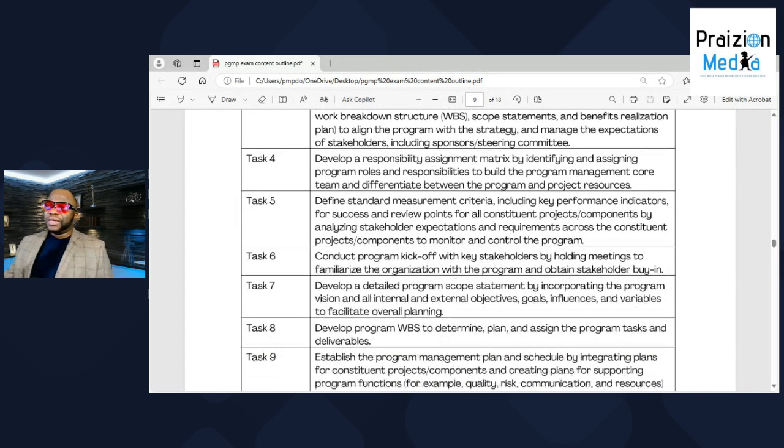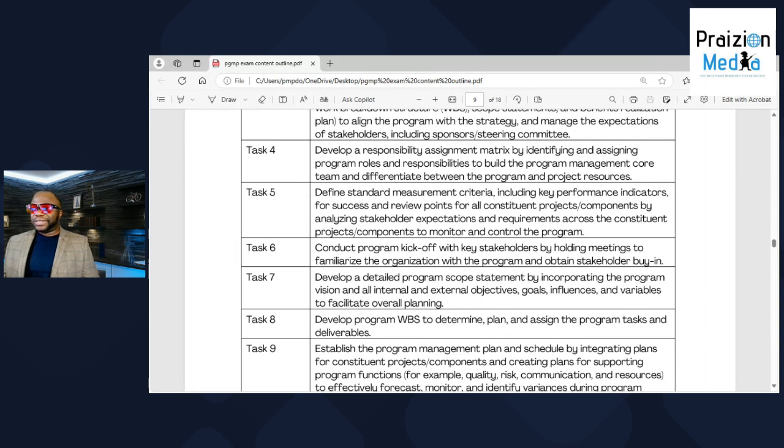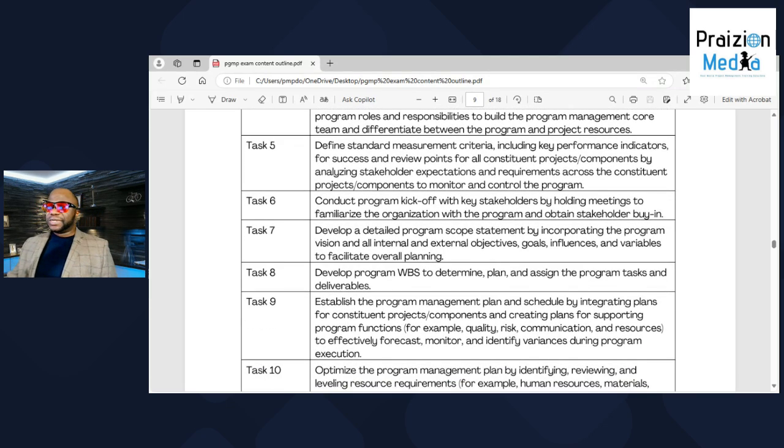Task four, develop a responsibility assignment matrix, a RAM, by identifying and assigning program roles and responsibilities. If you're on a program, you got to understand which project manager is under what so that you delineate who is responsible for each project and the resources. Number five, define standard measurement criteria, KPIs, whatever you're going to measure, do it.